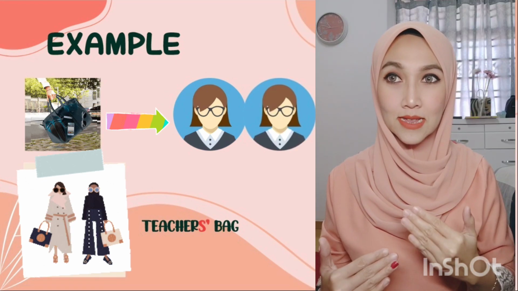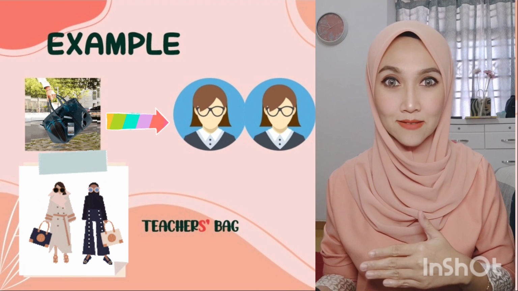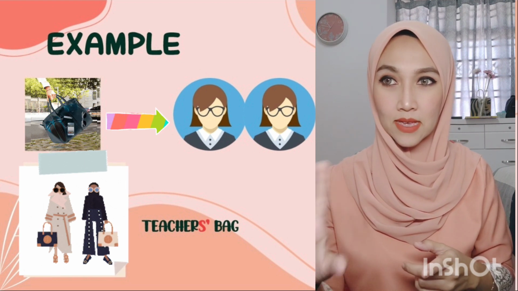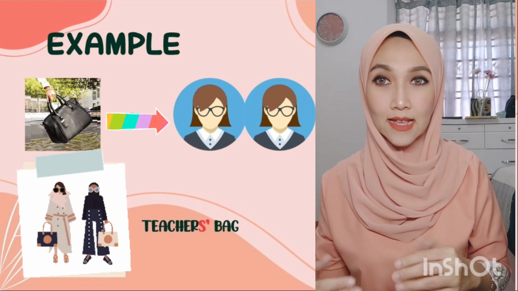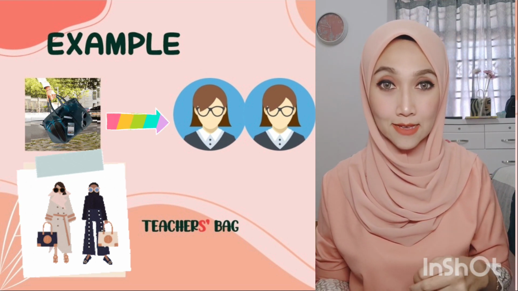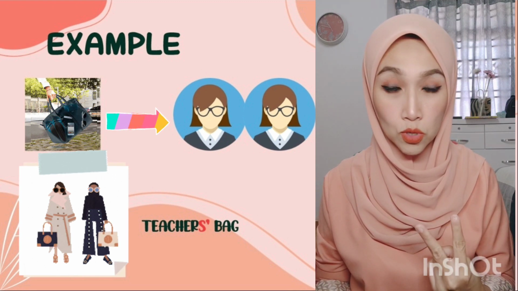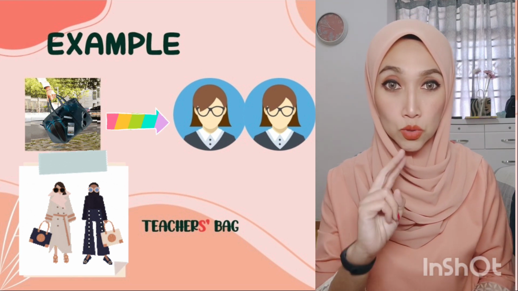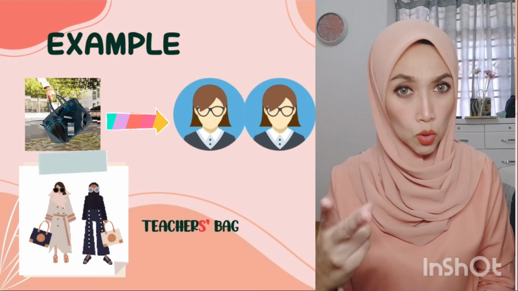Let's see the next example. When you see this, you'll know what I've been talking about previously. Here you can see still the bag, the object is still a bag, and now the subject is more than one. The teachers become two. So now it's teachers, because two teachers. So how to tell that the bags belong to those two teachers?